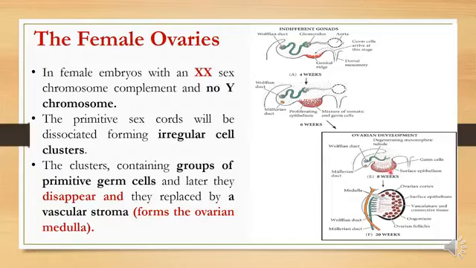These clusters, containing groups of primitive germ cells, later disappear and are replaced by a vascular stroma, forming the ovarian medulla.